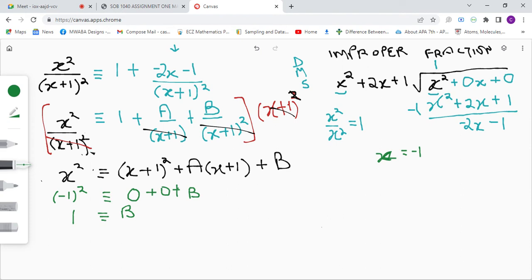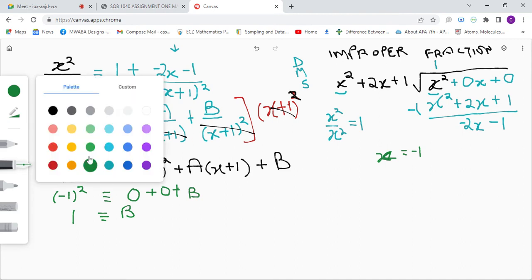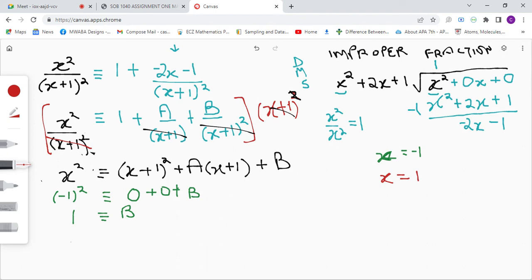Now, let's find our a value. So when x equals 1, we're going to have 1² here. 1 plus 1, that is 2. 2 squared, that is 4.